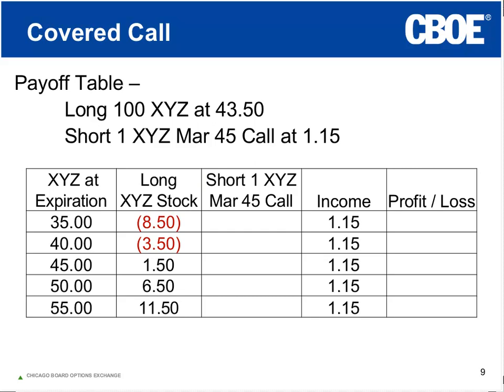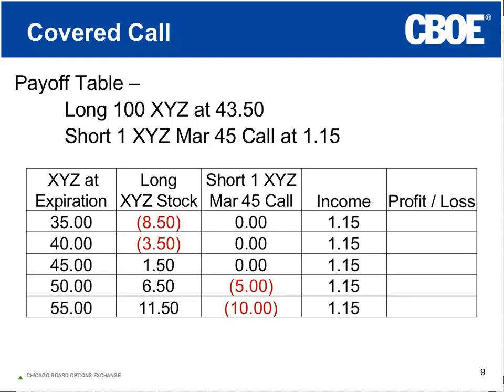So if you're long one XYZ March 45 call and you have the right to buy the shares, you have the right to buy a stock that maybe is trading up at 50 for $45 a share. You'll see as I fill this column in, that's $5 of value. However, for us, having a short position in that option contract, that's a bad $5 for us, or $5 against us.